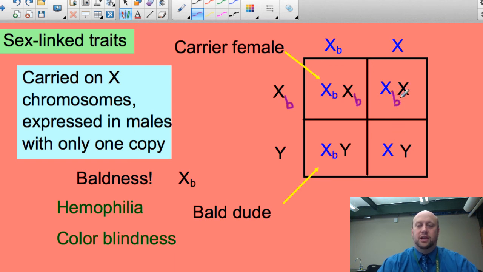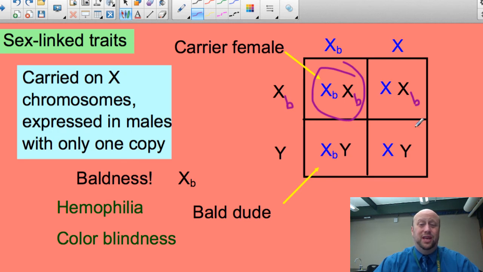And actually, those B's, hold on, that B there should be over there. And so this female, lucky, carrier female, is carrying the gene but not expressing it, not bald. But this one is.